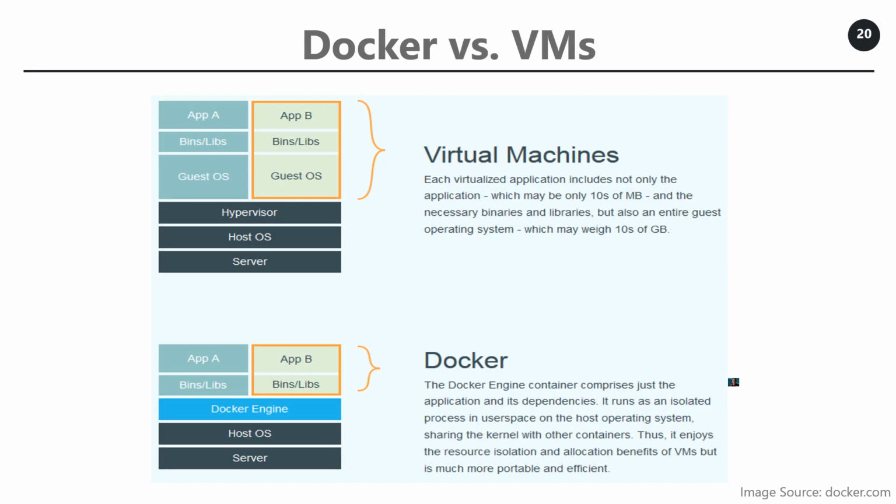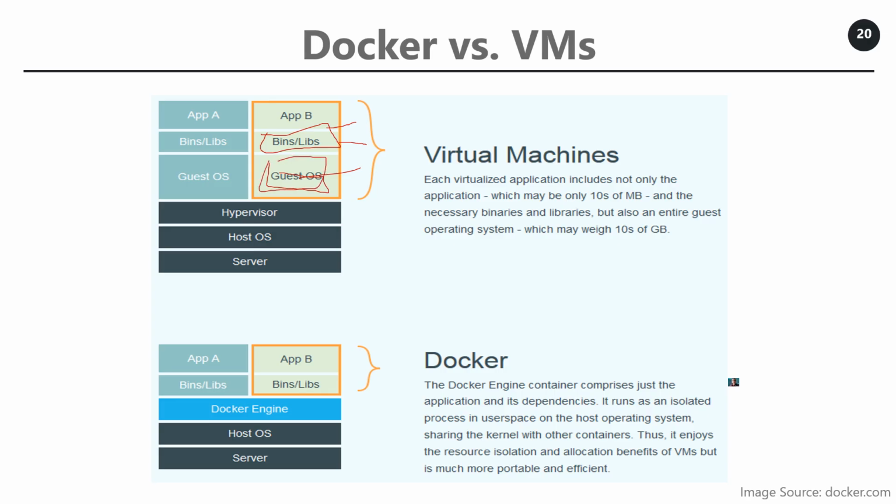Again, Docker versus VMs. A virtual machine has your applications, your binaries, your file system, all the files necessary to run the application, and you have your OS.